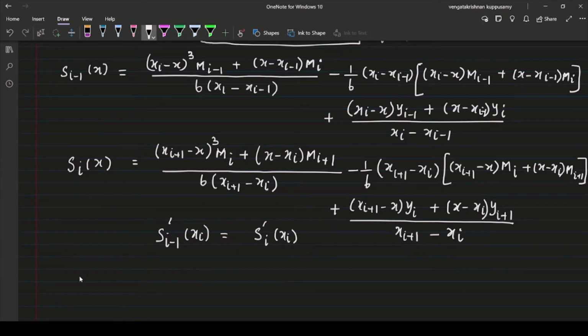So from this, if you substitute x_i here, it will be 0, so we go for this term. Of course, this should also be whole cube.